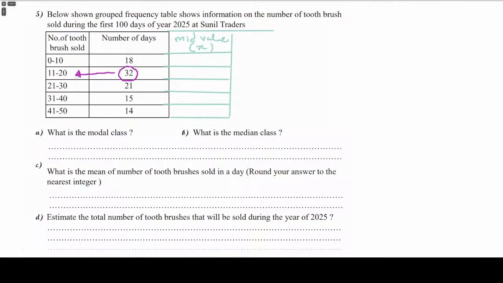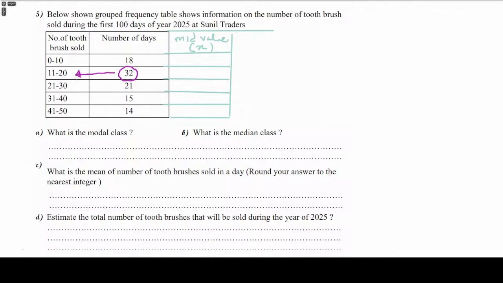No, it could be anything in the range of 11 to 20. But to find the mean, we have to get one exact value. We cannot get the exact value, but what's the most fair value we can take? The mid value from 11 to 20, the middle number.